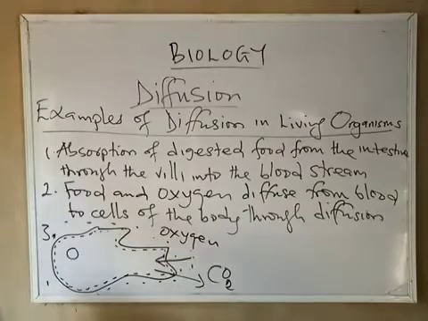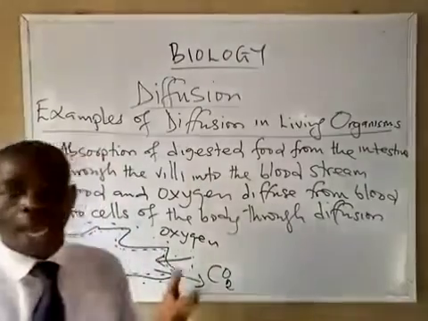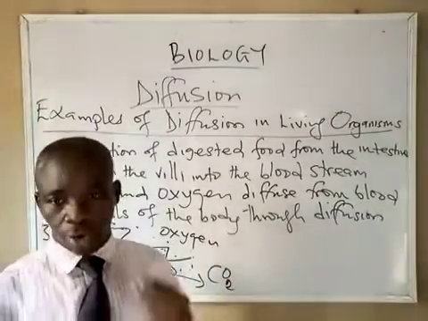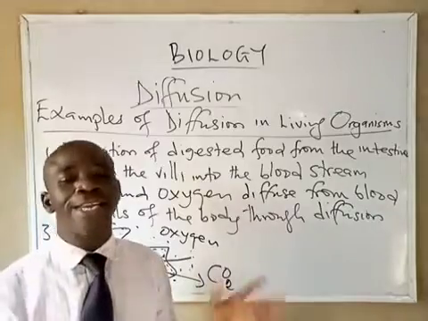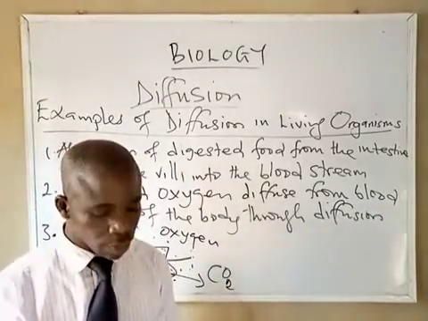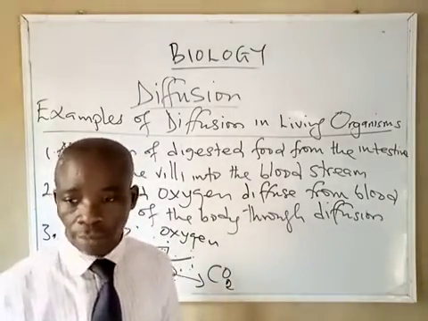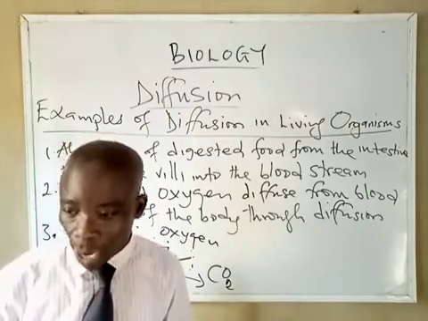This is diffusion of gaseous molecules. When we breathe in also, and the oxygen gets into our lungs, there is an interface between our bloodstream and the air that is in our lungs.